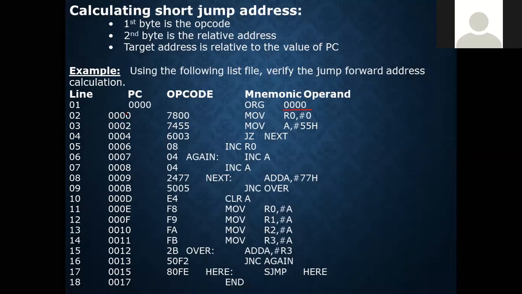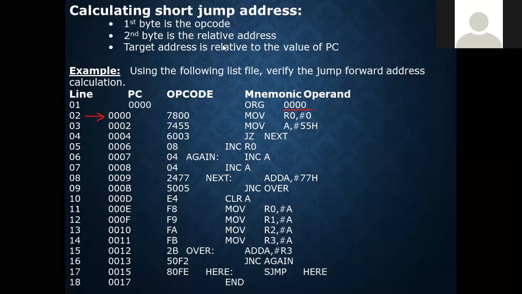In other words, we can also say that after this org 0000h, the content of the program counter will be set to 0000h. Okay, so the programming starts from here.